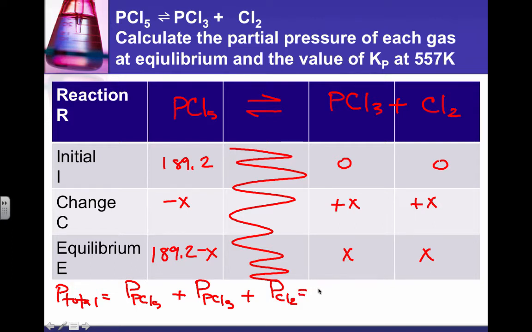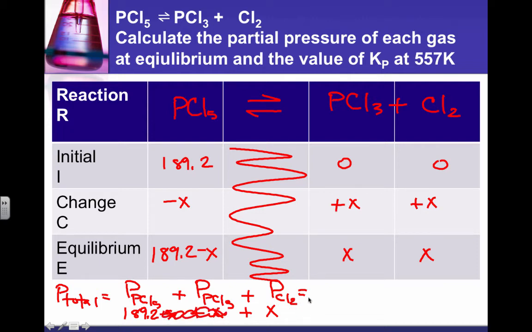What do I know about these equilibrium pressures? I know that PCl5 is 189.2 minus X, and PCl3 is X, and Cl2 is also X. So these two X's can just cancel each other out.